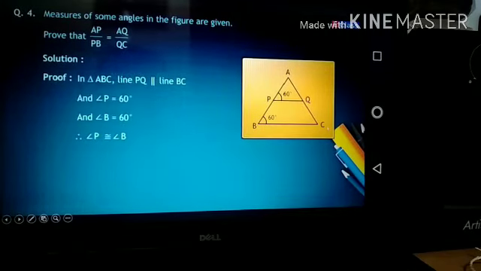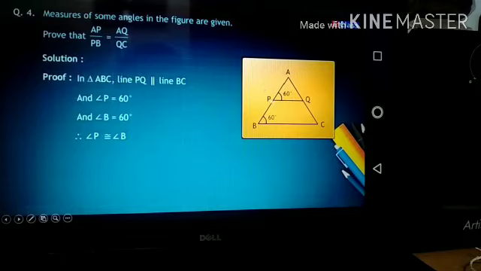Reason is angle APQ is equal to 60 degrees, that is angle P is 60, and angle PBC is again 60 degrees, that we have written as angle B. Both these angles are equal as well as corresponding angles. So we can write angle P is congruent to angle B. Since they are corresponding angles, we can state line PQ is parallel to BC.